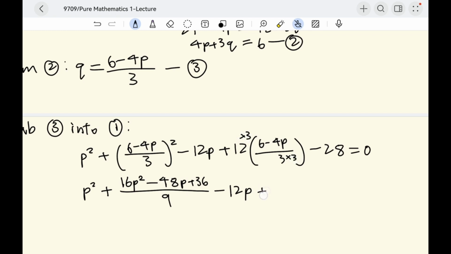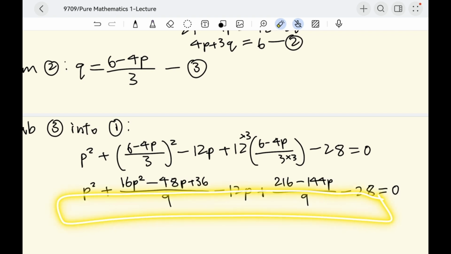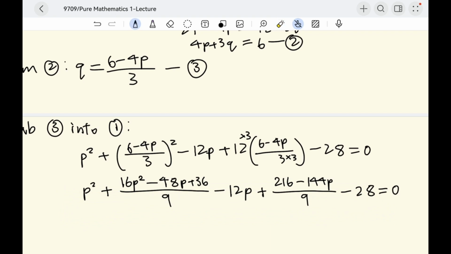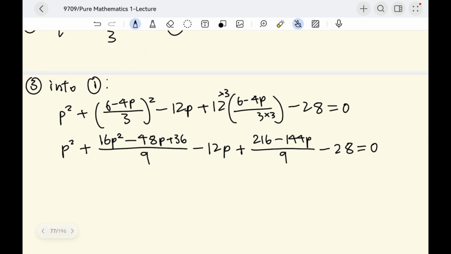So I have 12 times 3 times 6, so I have 216. 12 times 3 times 4, I have 144p, minus 28. Okay, why do I have to multiply the denominator over here? Okay, because to clear all the denominators, for the convenience for me to solve the quadratic equation.